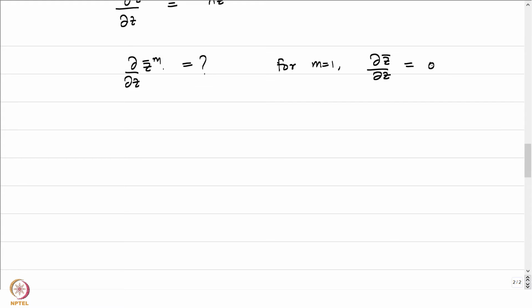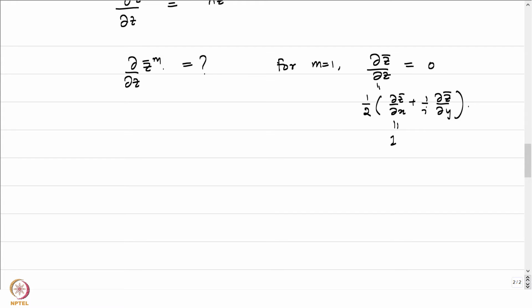check to see that this is going to be equal to 0, because you look at the definition here. This is going to be equal to half of ∂z̄/∂x plus 1 by i times ∂z̄/∂y. And z̄ is basically x minus iy, and ∂z̄/∂x is going to be equal to 1.